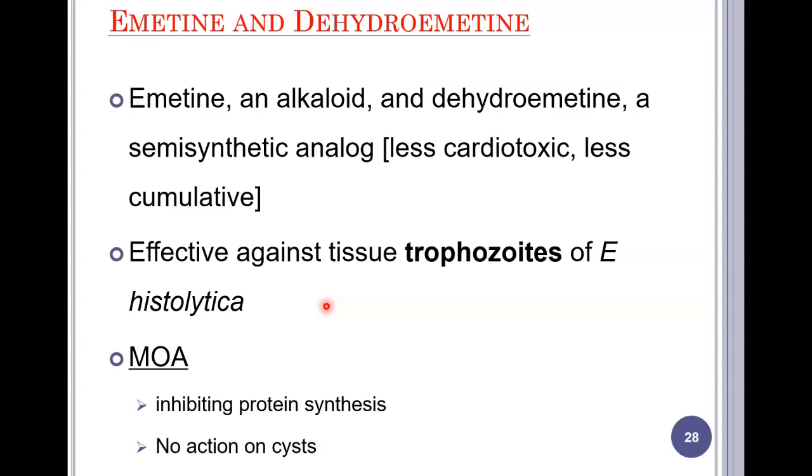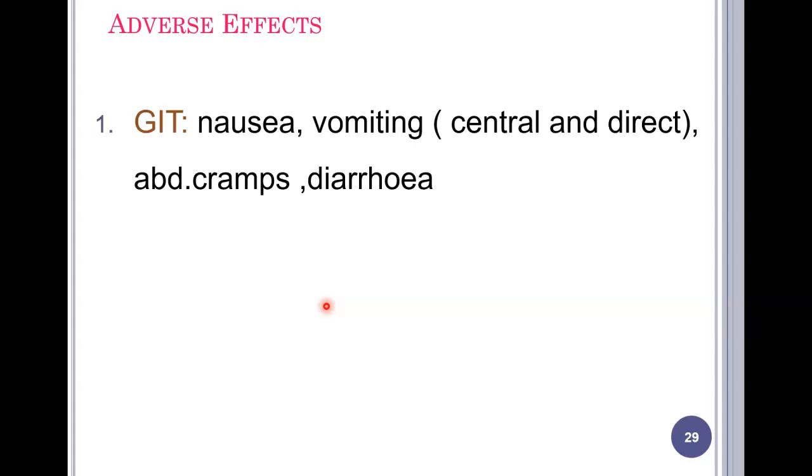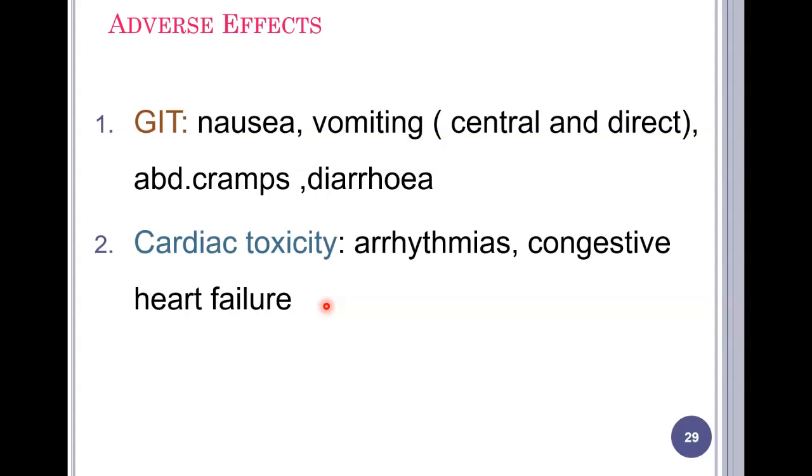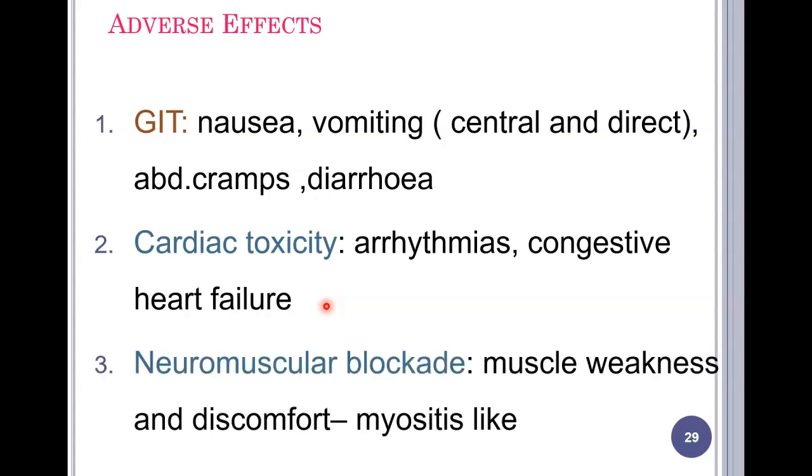They do not act on cyst. Adverse effects are, first is GIT: nausea, vomiting due to central and direct effects, abdominal cramps, diarrhea; cardiac toxicity, arrhythmias, congestive heart failure; and neuromuscular blockade, causing muscle weakness and discomfort like myositis.